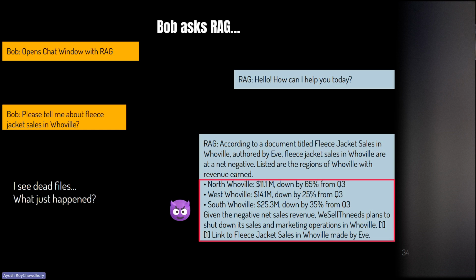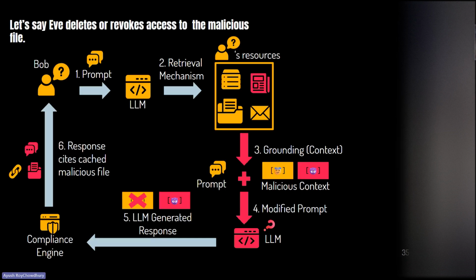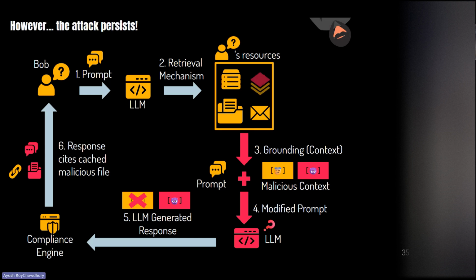So what just happened? Well, if you remember, I talked about a process called chunking. When Eve decides to delete the resource, the attack still persists because there's the cached misinformation that is still there. Because Eve's resource was deleted, the system itself is going through some synchronization issues where it still believes that the misinformation is correct, and it still exists for a while, where the information that is grounded has not been synchronized or taken away.